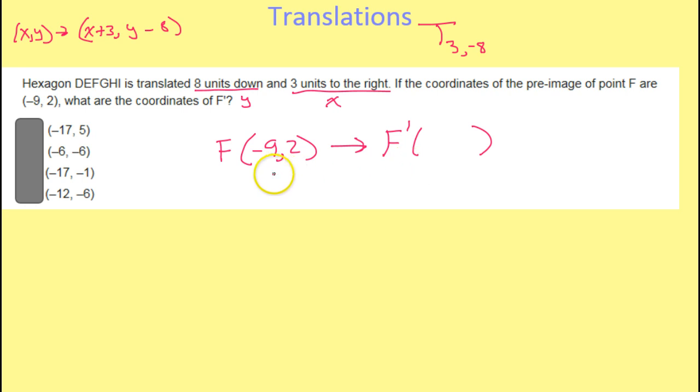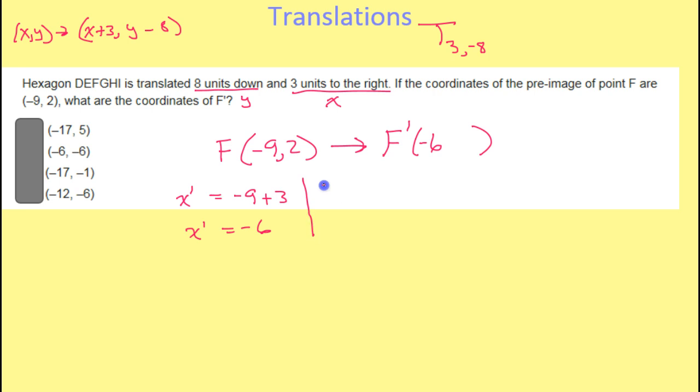So all we have to do is add 3 to the x value and subtract 8 from the y value. So for the x value, I'll call it x prime, that should be negative 9 plus 3, so that'll be negative 6.